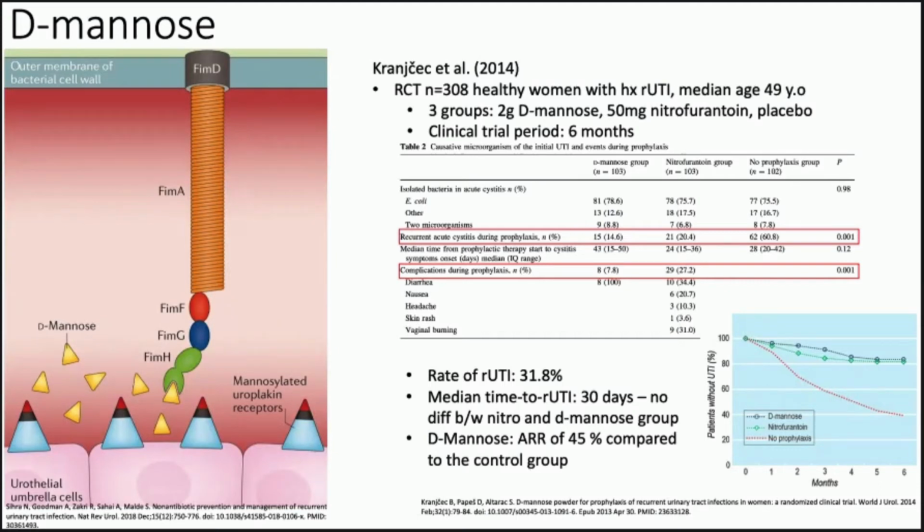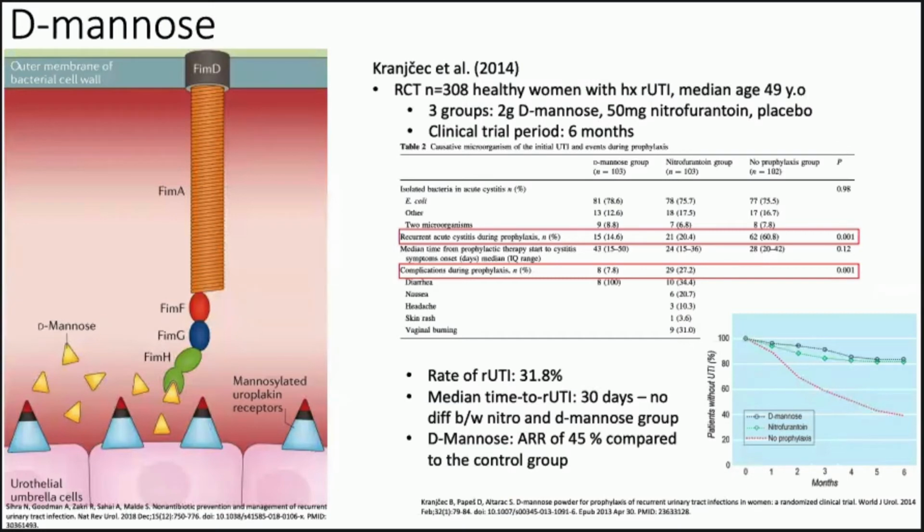urine. An RCT was conducted by Kranjčec and colleagues and assessed the efficacy of D-mannose versus nitrofurantoin versus placebo in preventing recurrent UTIs. And the number of recurrent cystitis episodes was significantly higher in the no prophylaxis group as opposed to the D-mannose and nitrofurantoin groups.